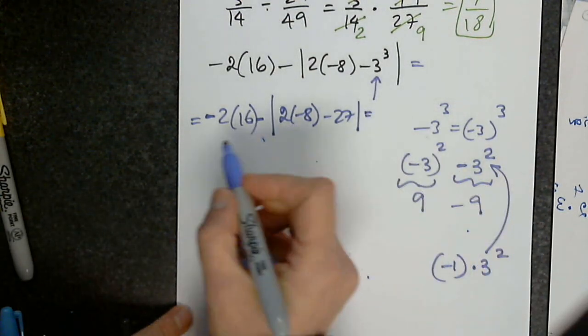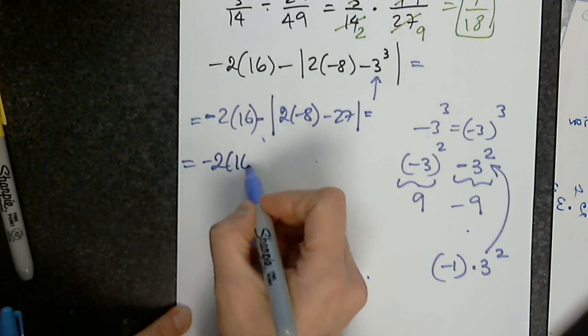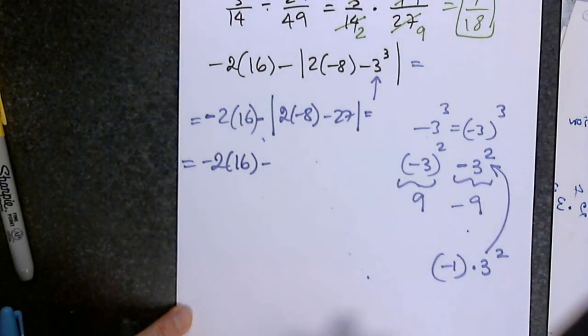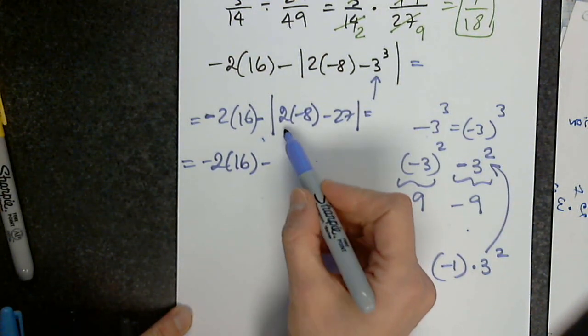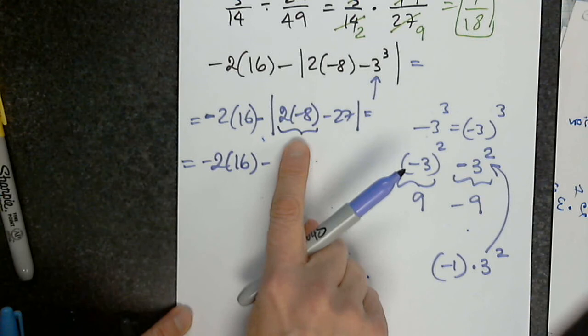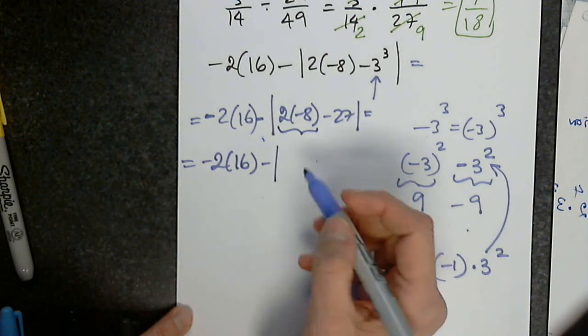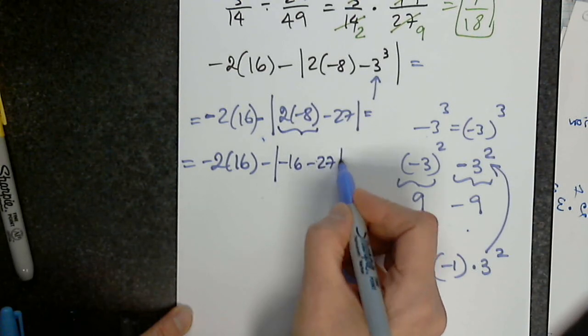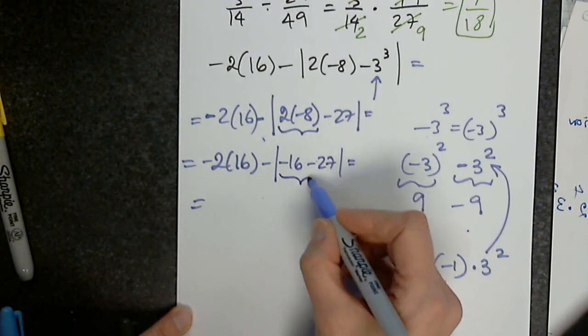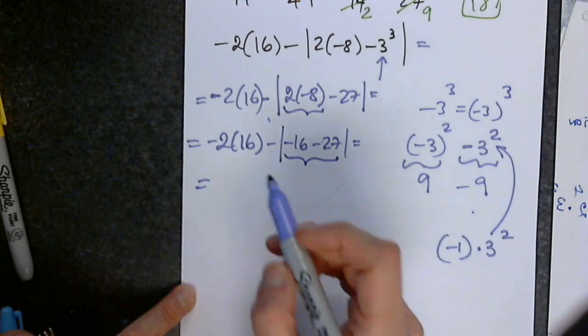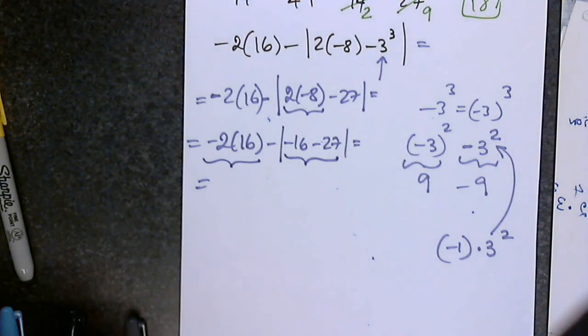I'm still in the absolute value. I copy everything to the T. So now this is the operation I have to perform next. What do I get? Very good, negative 16 minus 27. Now at this point, I can do this at the same time. I could have done that from the beginning, really.